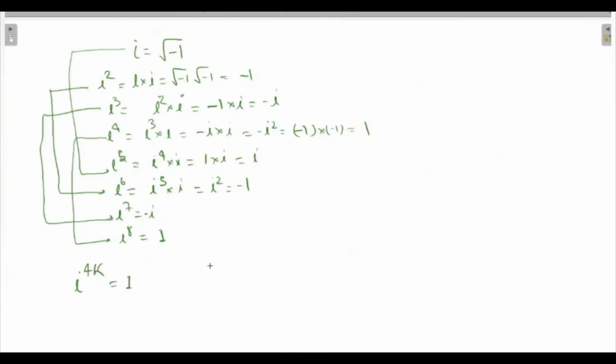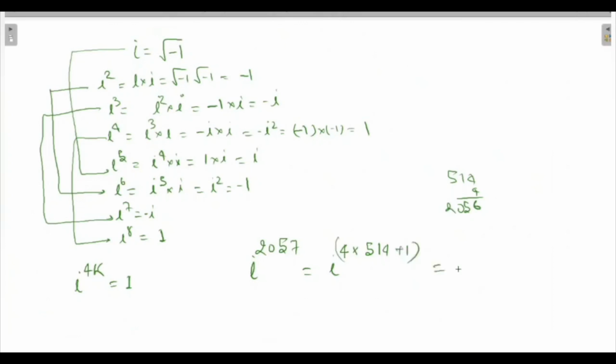So using this, if someone is asking you to calculate the value of i to the power 2057, you get it in terms of the fourth power of i. So when I multiply 514 with 4, I will get 2056, and then I can write it as plus 1.